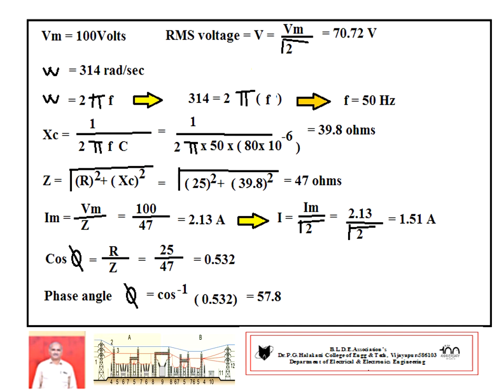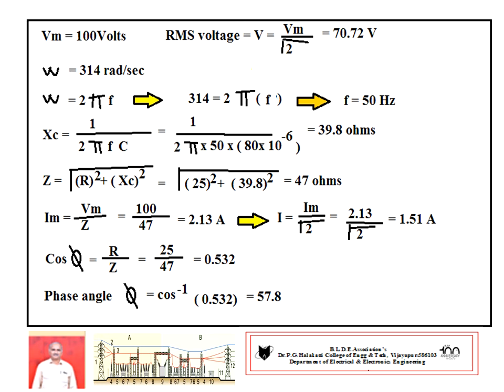So omega, in front of t inside the sine, what is the value? Omega 314. 314 is also equal to 2 pi f. Hence, from this expression, you have to calculate frequency of applied voltage. F equal to 50 Hz.